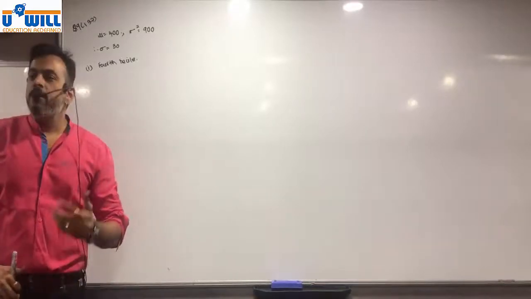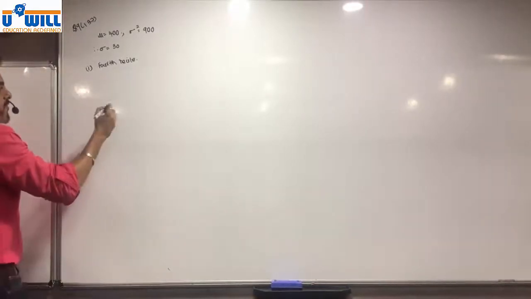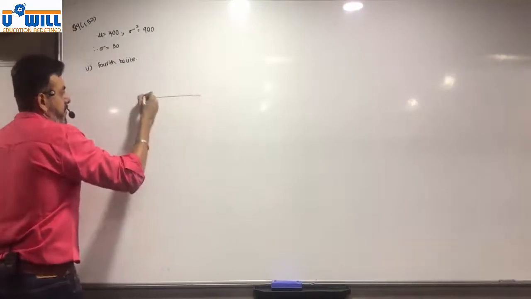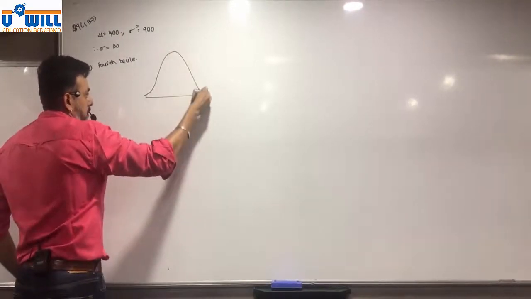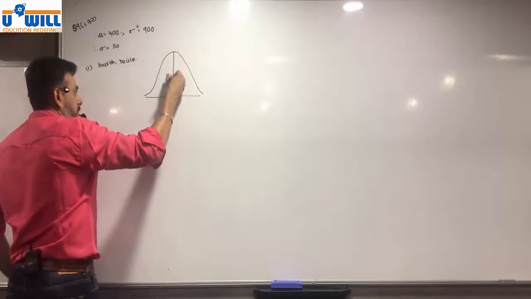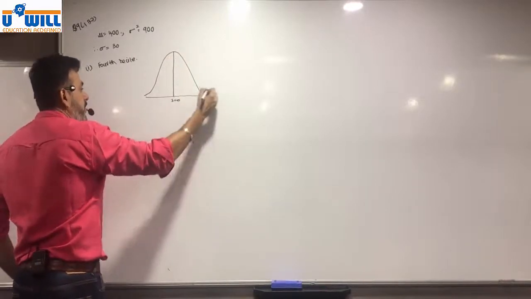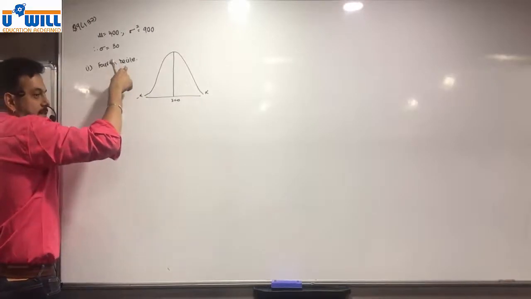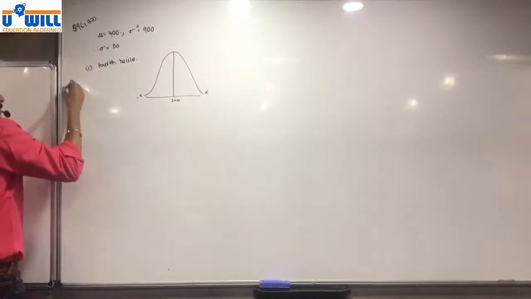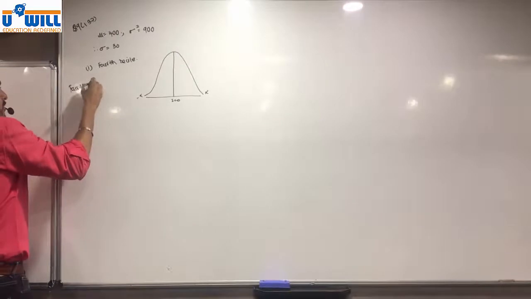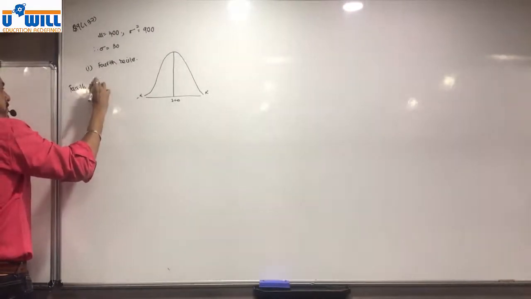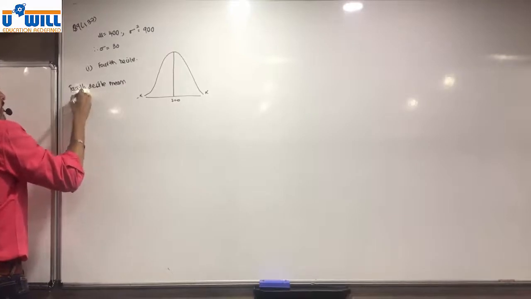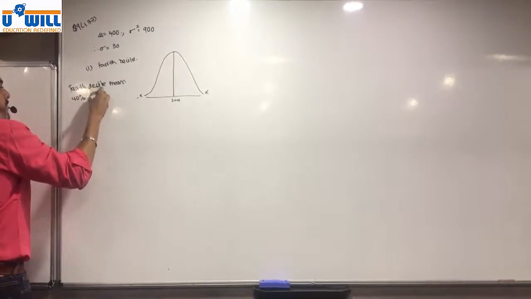Fourth decile is 40%. So the first step is we draw a graph. Z is equal to 0, from minus infinity to infinity. Fourth decile means 40% area.